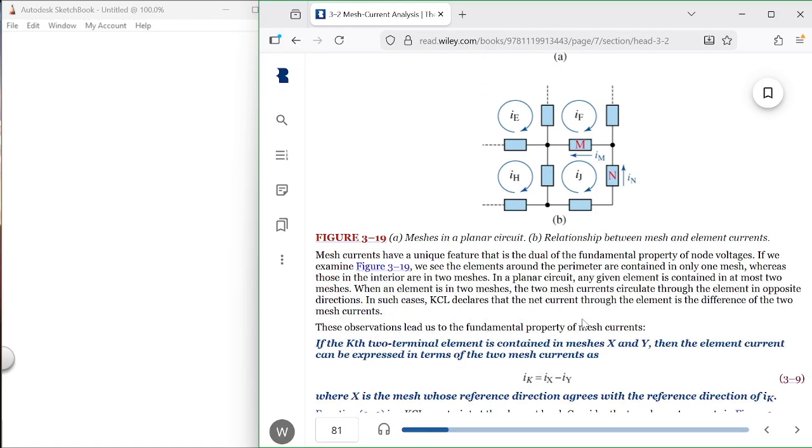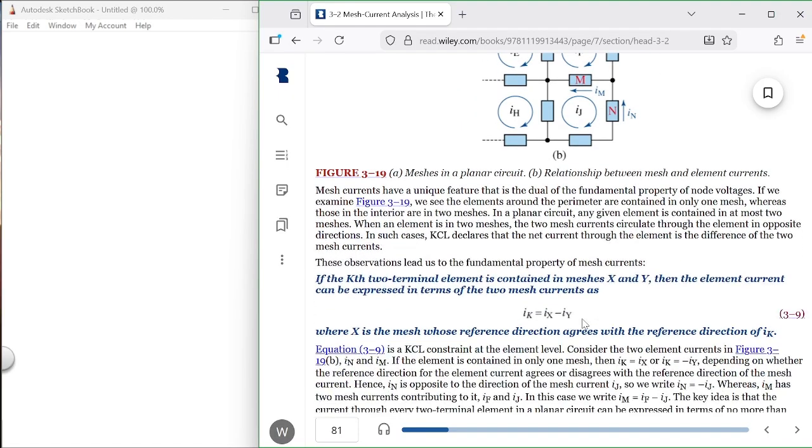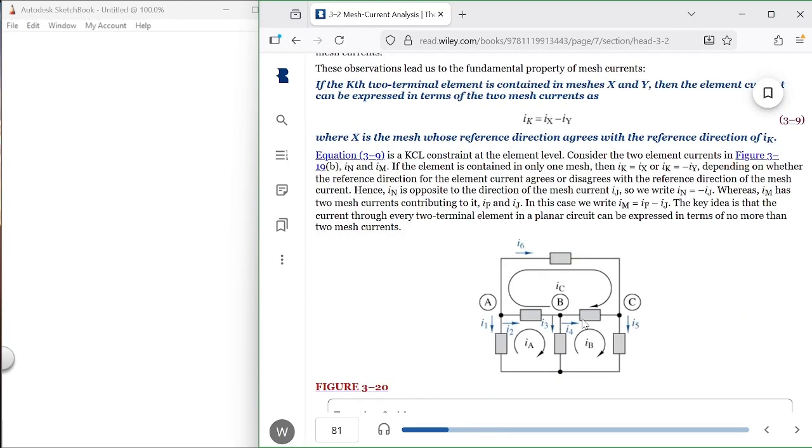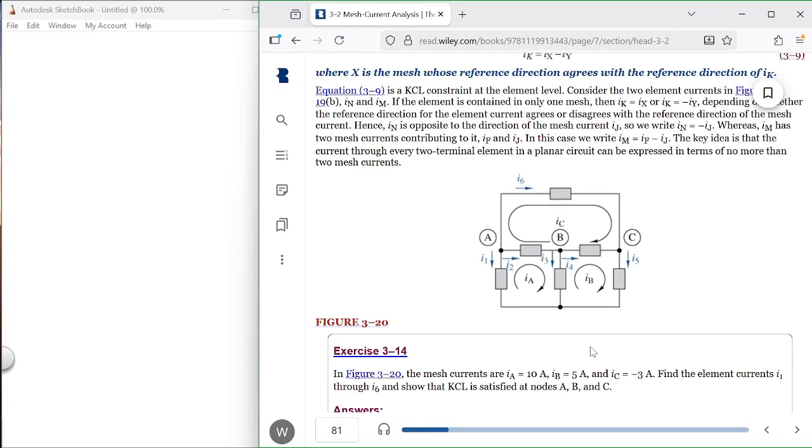Very straightforward, very easy. But then you get 3 equations and 3 unknowns out of it very quickly. This gives you 3 equations and 3 unknowns. Okay? This IA, IB, and IC. In this case, IC is I6. IA is I1.